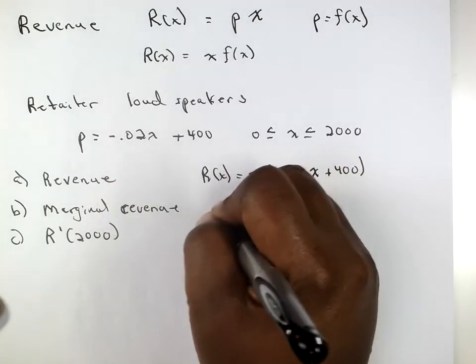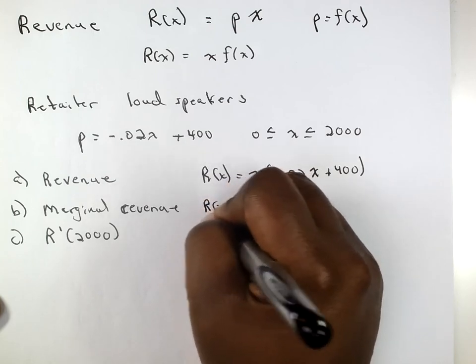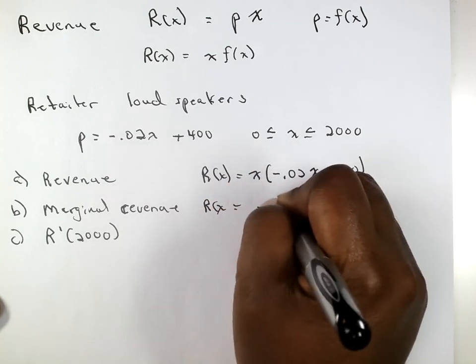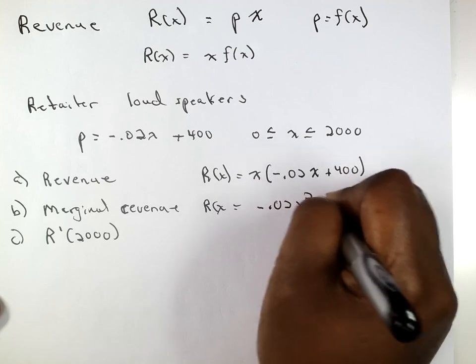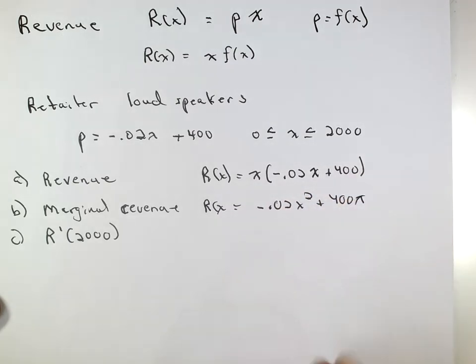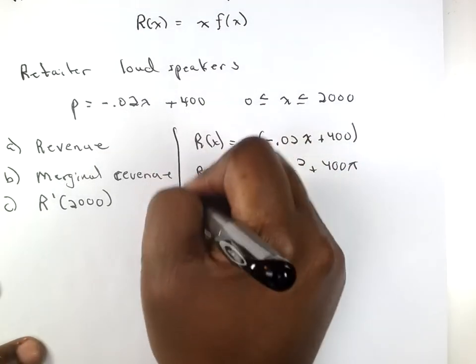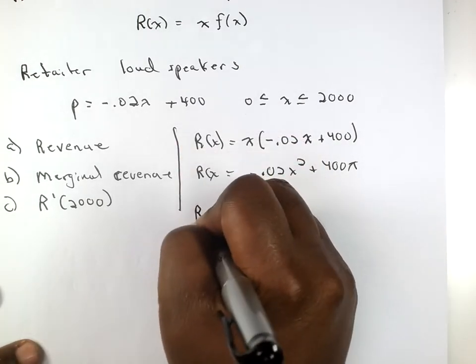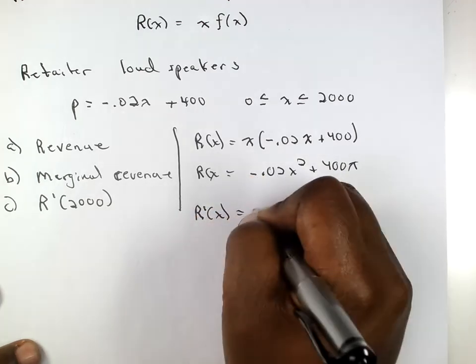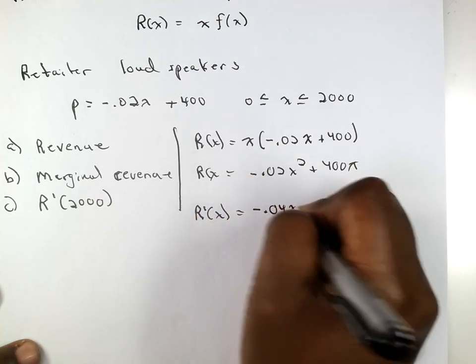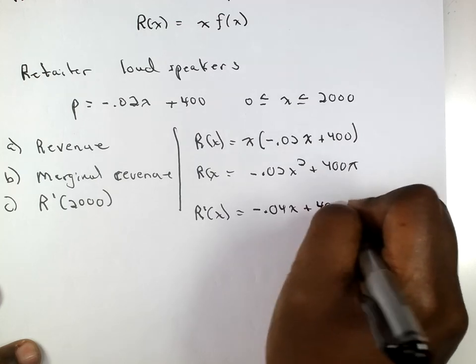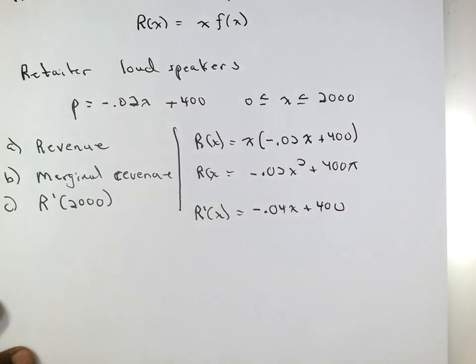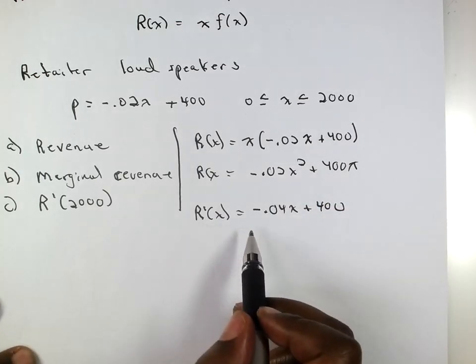So I'm going to distribute that out, and we get negative 0.02x squared plus 400 times x. So that's our first piece. And then I want to know the marginal. So R prime of x is negative 0.04x plus 400. So here is my marginal revenue.